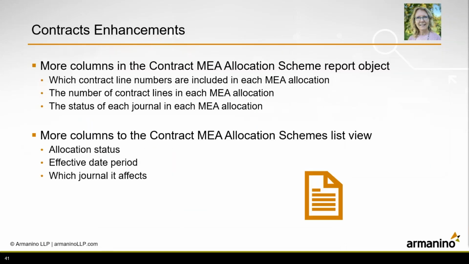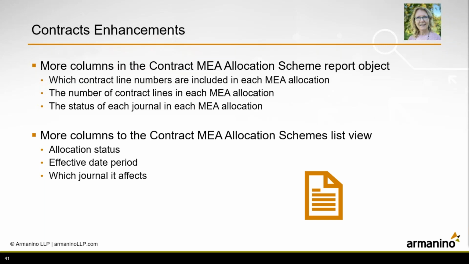Some other contract enhancements related to MEA allocation schemes: in both the report object that's available in the custom report writer and on the list view, they've added more fields. So now on the report object, contract line numbers are included if you need that on a report, the number of contract lines in each MEA, and the status of each journal in the MEA.